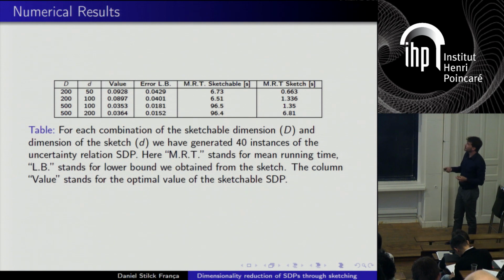The error we make is generally a factor of 2. But again, the value of the SDPs is rather small, around 10 to the minus 2. To get more precise Johnson-Lindenstrauss transforms, we would also have to go through much larger dimensions, which again, I cannot do on my laptop. And with this, I would like to thank you for your attention.